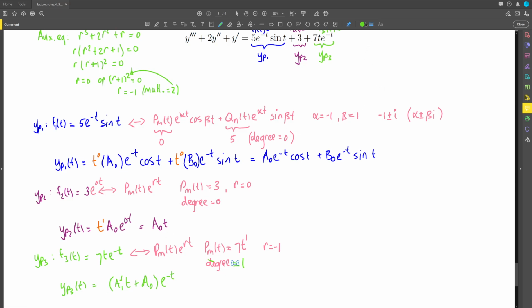And now we put in a factor of t, and because this has multiplicity 2 in the auxiliary equation, we have to multiply that by t squared.